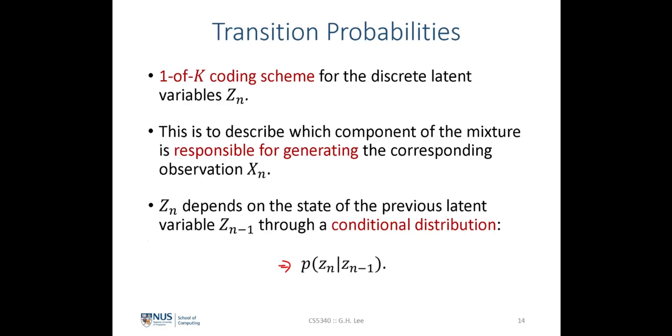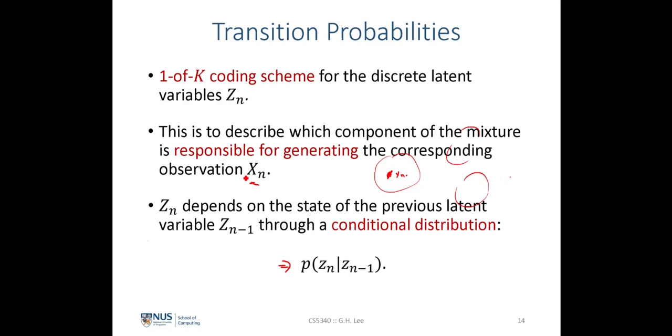So here, what it means is that xn is our observation. Suppose that this is our observation of xn over here. And if you recall the particular diagram that I have shown in the earlier slides of the clustering, each one of these observations is going to be assigned to one particular cluster.